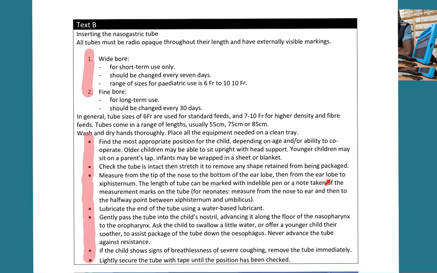Then from the earlobe to the cervicasternum. The length of the tube can be marked with indelible pen or a note taken off the halfway point between the cervicasternum and the umbilicus. So you can see that this process is a way of doing calculation or performing calculation, and even measure itself can be paraphrased as calculate.